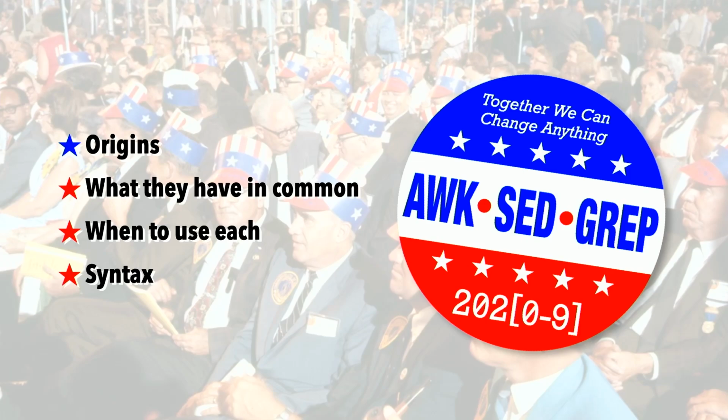So awk, sed, and grep share a common origin story. All 3 of them have probably been around longer than most of us in this room. Most of us. I think that's actually pretty amazing. Sometimes I think none of us would be here right now if it weren't for Steve Jobs and Steve Wozniak, who founded Apple in 1976.